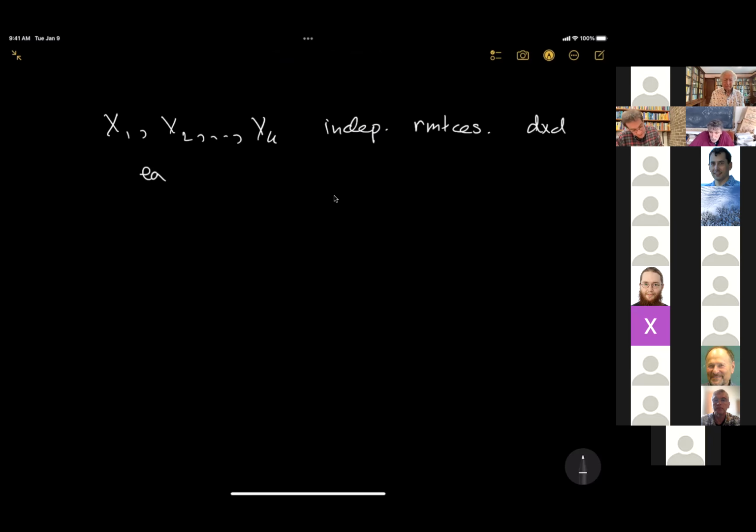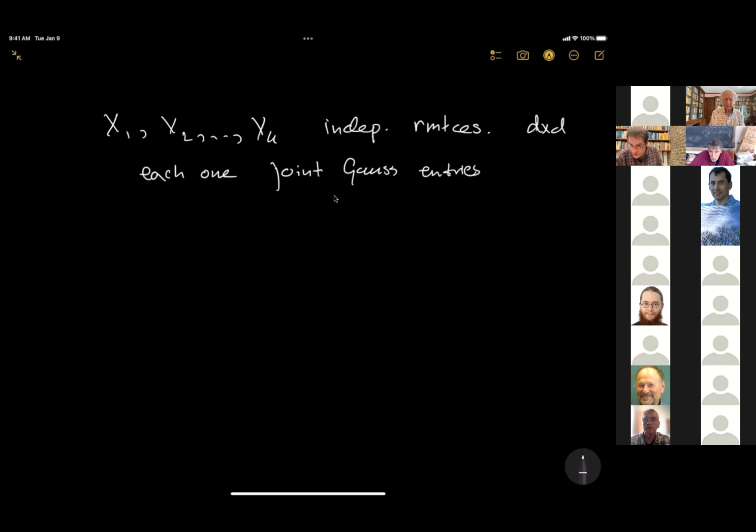Each one of them has jointly Gaussian entries. They can have different means and covariance matrices; I'm not assuming they have the same mean and covariance matrix. Each one is jointly Gaussian, they're independent of each other, and each one satisfies the condition that we need in order for it to behave well.